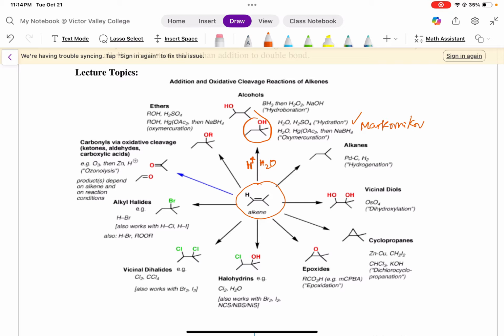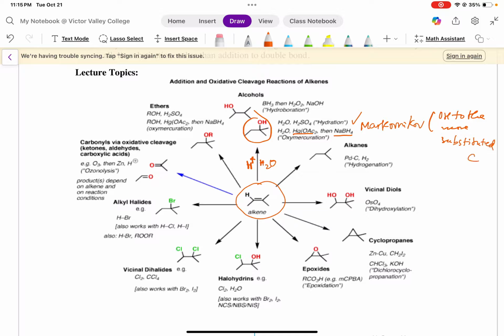You can also do water, mercury acetate, and then sodium borohydride to remove the mercury. That will give us Markovnikov products, meaning OH to the more substituted carbon.